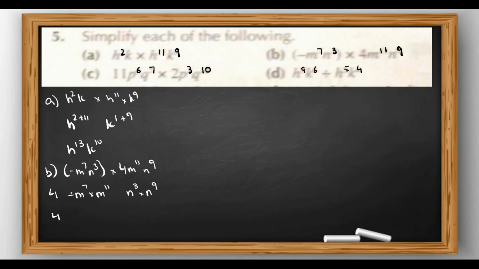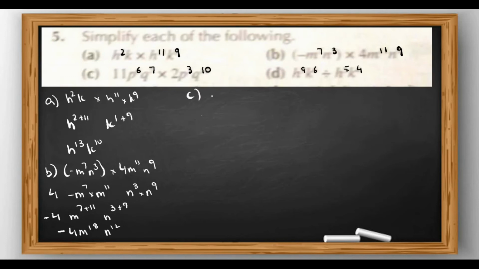Write 4 as it is, or you could transfer the minus of m to 4, so this becomes minus 4. m raised to power 7 plus 11 and n raised to power 3 plus 9. So your answer would be minus 4 m raised to power 18 and n raised to power 12.